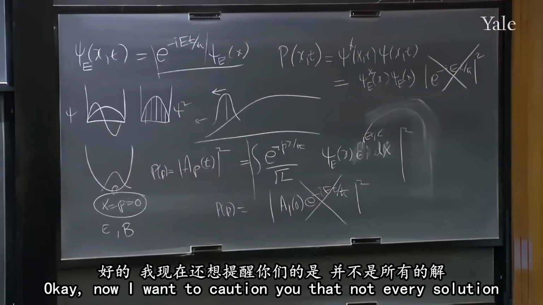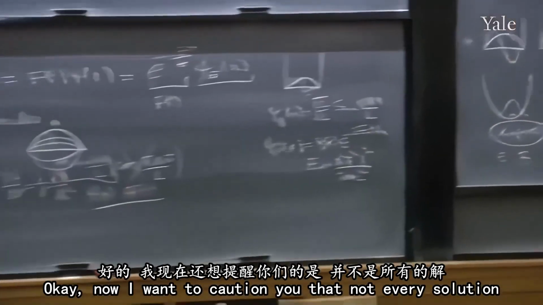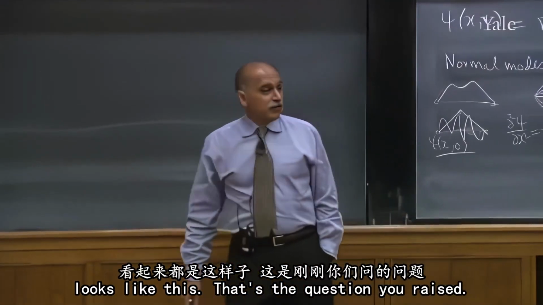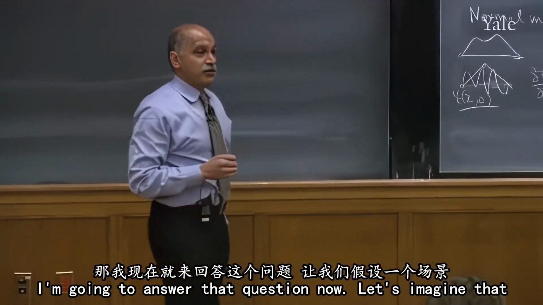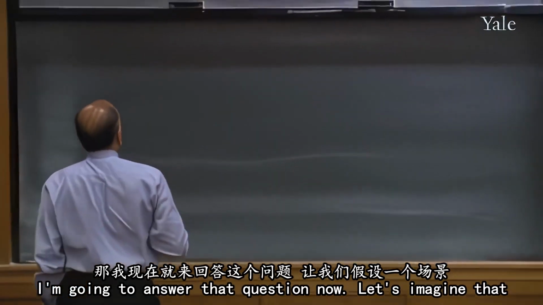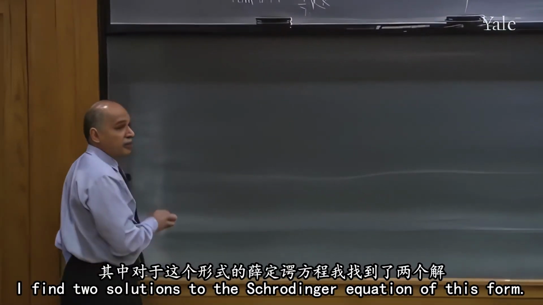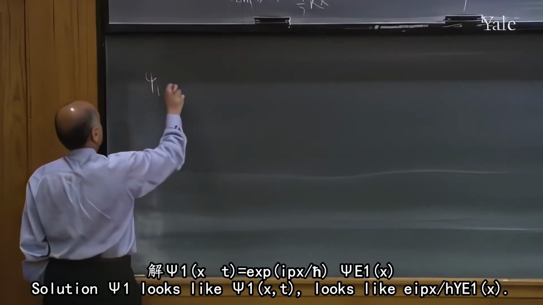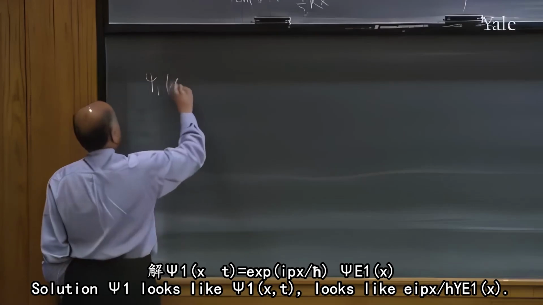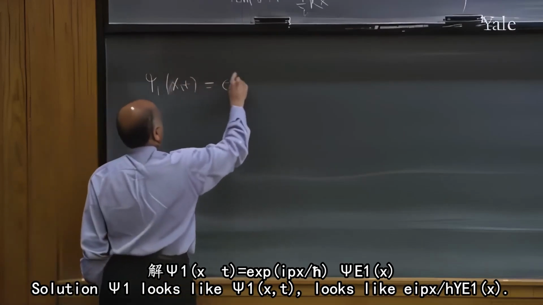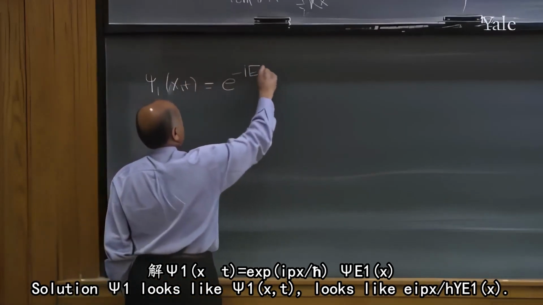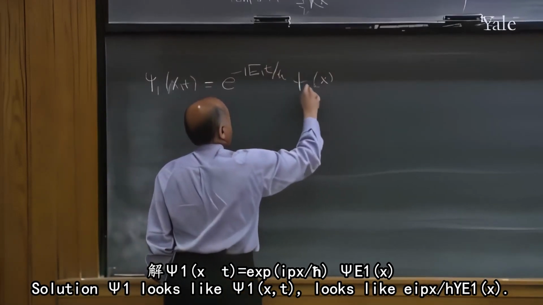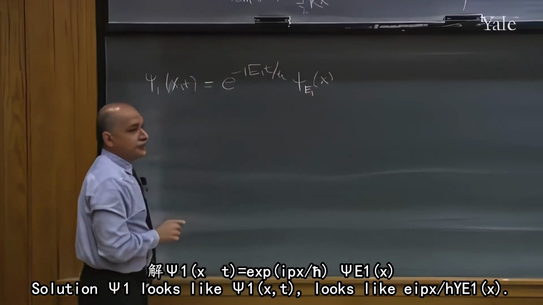Okay, now I want to caution you that not every solution looks like this. That's the question you raised. I'm going to answer that question now. Let's imagine that I found two solutions to the Schrodinger equation of this form. Solution psi 1 of x and t looks like e to the minus iE1t over h bar times psi sub E1 of x.